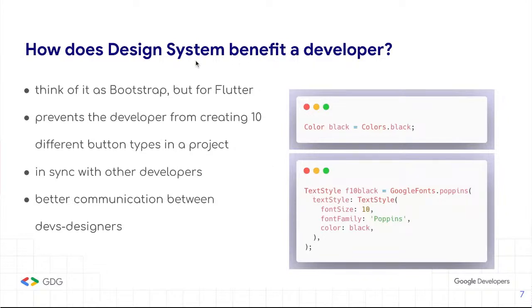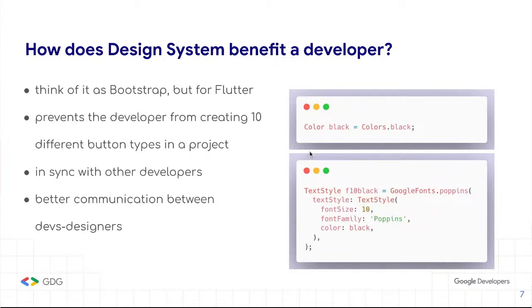Now design system, you can think of it as a bootstrap but for Flutter, and this bootstrap will be designed by you. So it can be different for different projects as per the requirements. So think of it as a bootstrap designed by you for your Flutter project, where you write what the buttons are going to look like, what the colors of the buttons are, and pretty much everything.